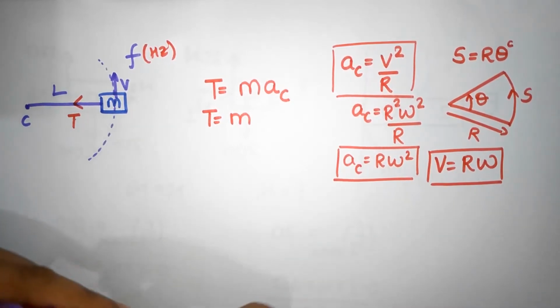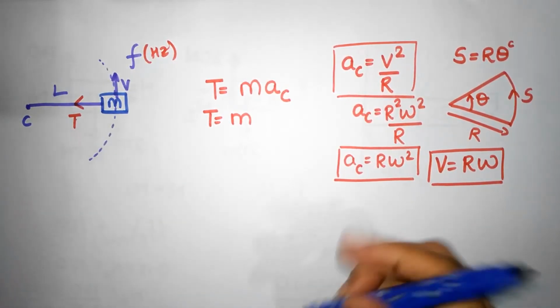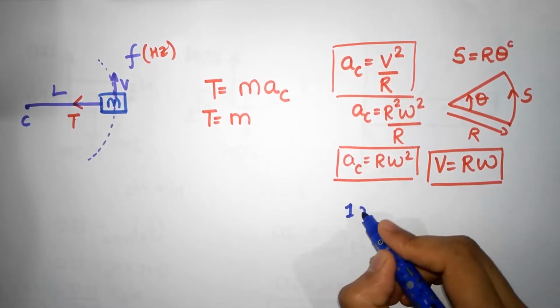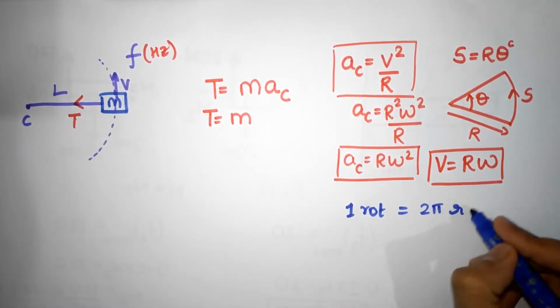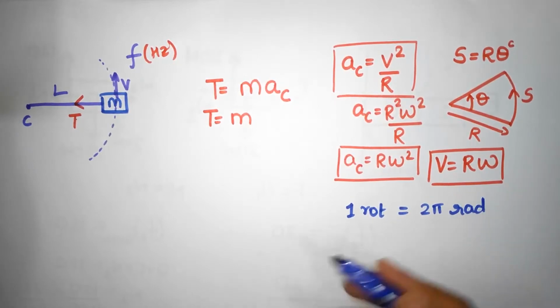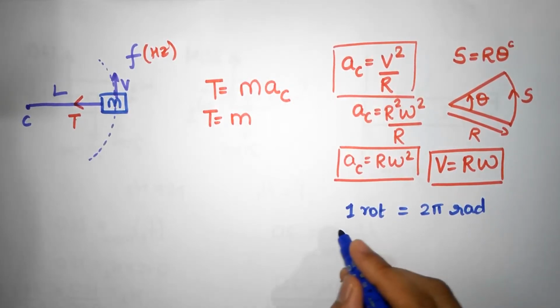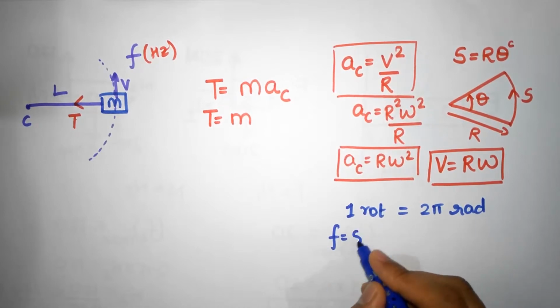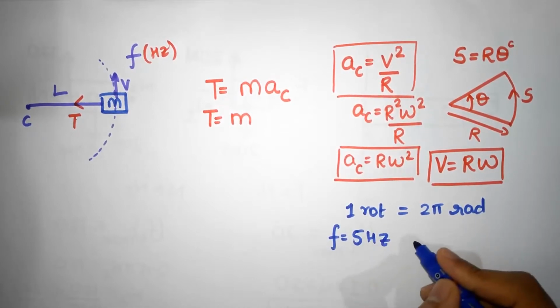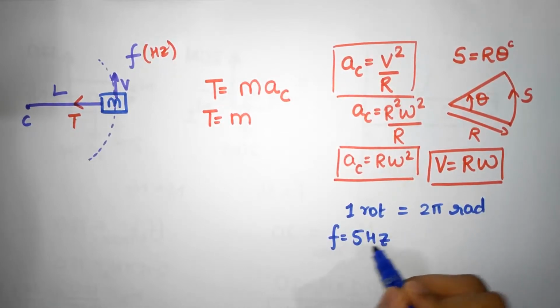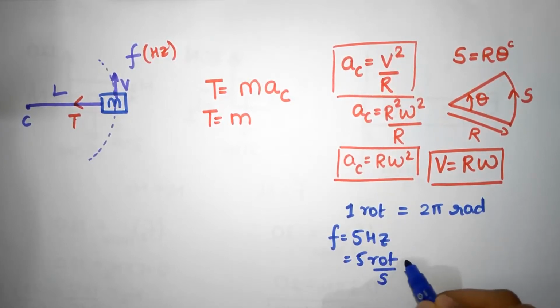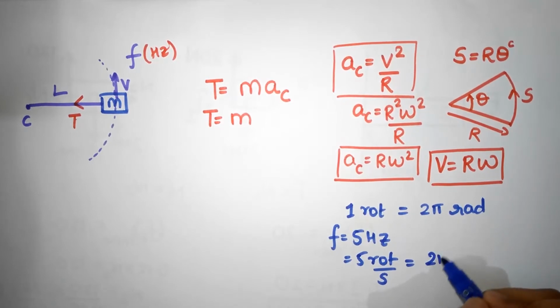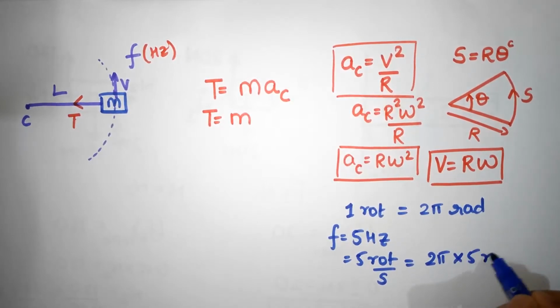So let me just write that down somewhere. One rotation should be equal to 2 pi radians. Therefore, if the frequency is, say, 5 hertz, then it's 5 rotations per second, which is the same as saying 2 pi into 5 radians per second.